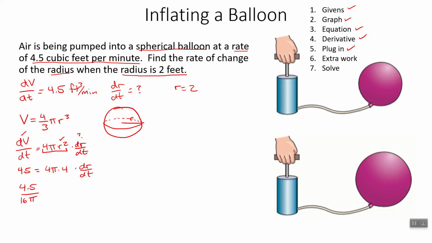We had feet cubed here, feet squared here. So we're going to get feet per second, because this was per second. No, we're minutes in this one. Second was the last problem. Feet per minute equals the rate of change in the radius dr/dt. There we go. You can simplify that, change it into a decimal if you want, but leaving it like that is also fine, as long as you have the right units and the right numbers.